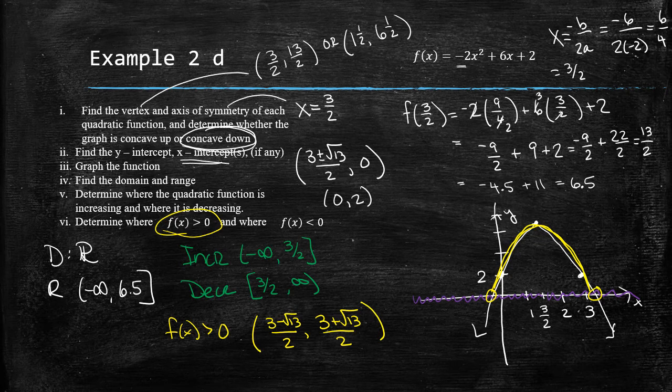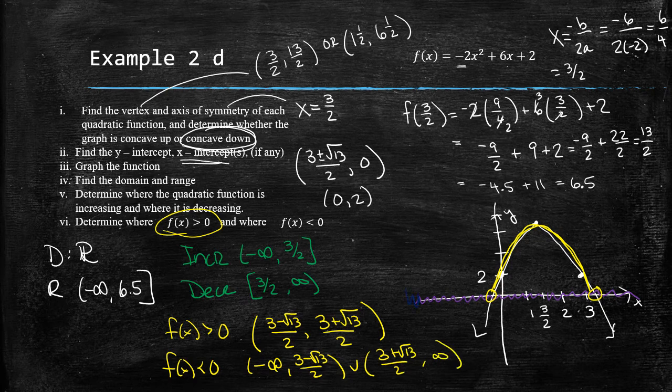So then this means that our function f of x is less than 0 when we're outside those x-intercepts, so negative infinity until we get to 3 minus rad 13 over 2, and then 3 plus rad 13 over 2 to infinity. So we have this portion here on the left, and then this portion here on the right of our x-axis. Everything that's here on the left, less than the first x-intercept, greater than the second x-intercept, if we take any x value there and plug it into the function, we'll be at some negative value.